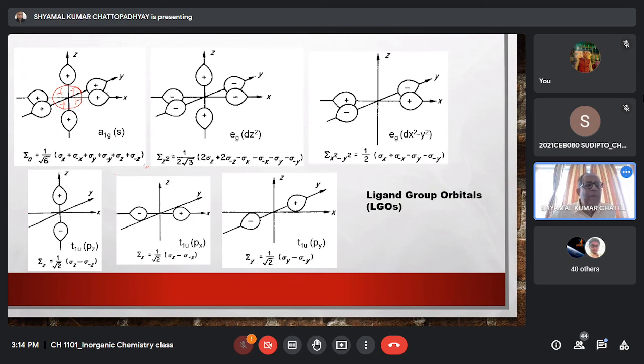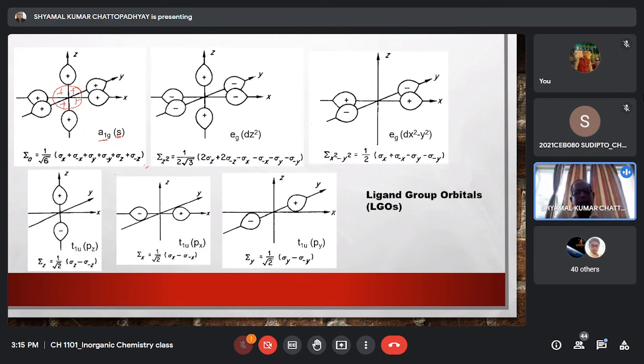Here also these orbitals are surrounding it from all directions with the same sign. So this ligand group orbital is suitable for overlapping with the s orbital. That's why I have written the matching orbitals here. So with this ligand group orbital, the s orbital is the matching orbital.